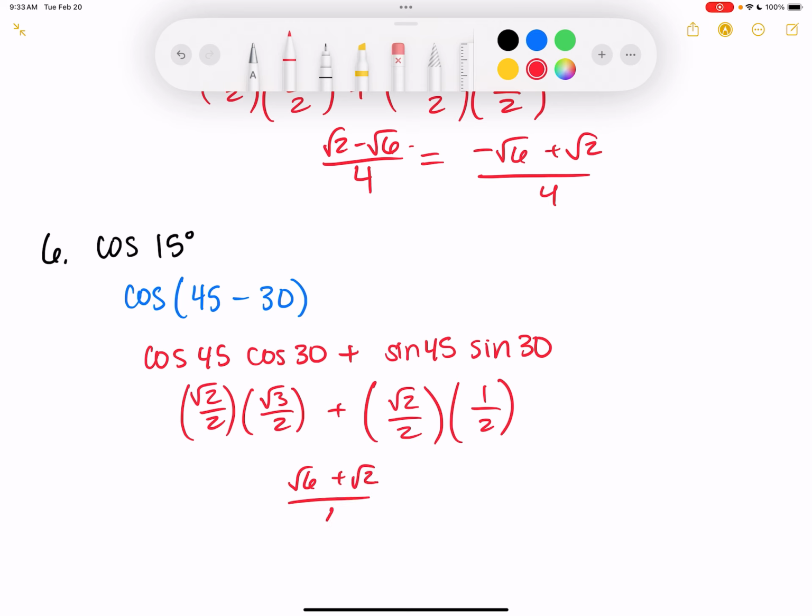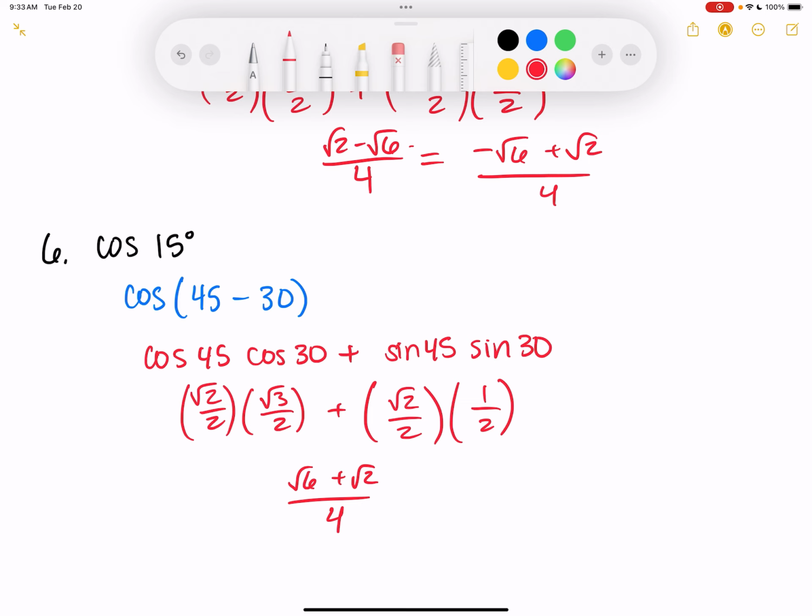Now, what do you notice about both of these answers so far? Yeah, they're pretty similar, right? So for sine and cosine, almost all of your answers are going to look like this in some fashion, based on what's being added and subtracted.